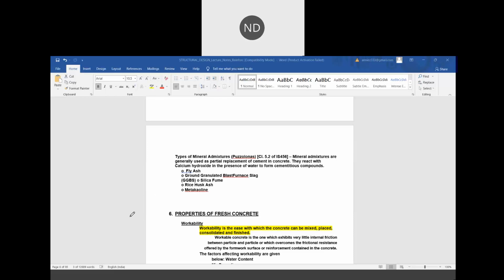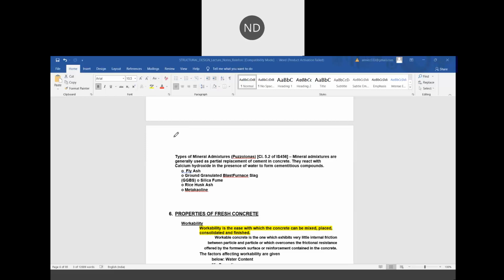That is, suppose 12 mm. So that 12 mm minus 5, because it is 5 mm less than the minimum clear distance between the main bars. Yes or no? Or 5 mm less than the minimum cover of the reinforcement, whichever is smaller.